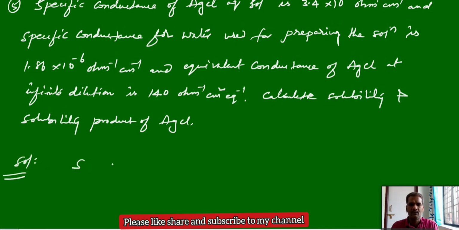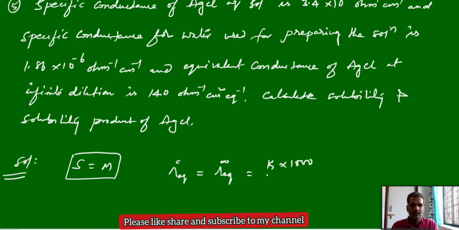Again, we require solubility, that is nothing but molarity only. Now for molarity, we have to apply this formula. They have given the equivalent conductance of AgCl. So lambda equivalent at C is equal to lambda equivalent at infinity, is equal to K into 1000 by normality.